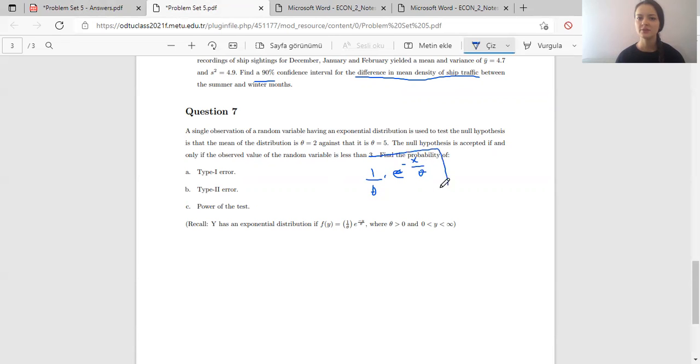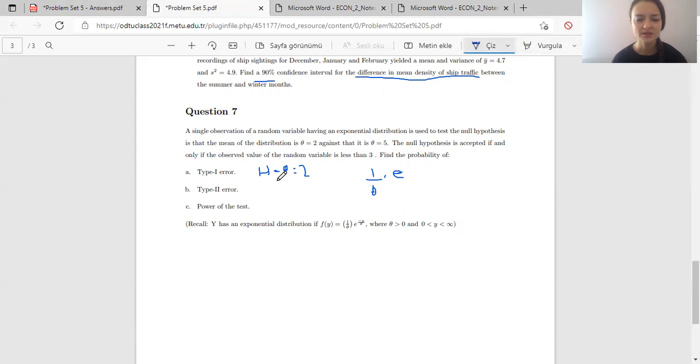This is the PDF of the exponential distribution with mean theta. And H0 is theta is 2, and H1 is theta is 5, okay? And the decision criteria is given in the question, which is this.